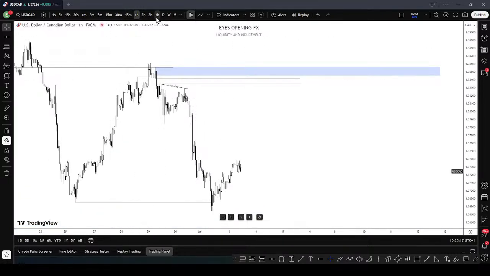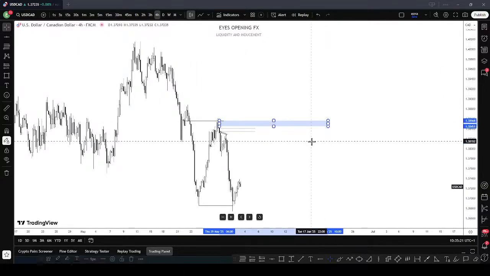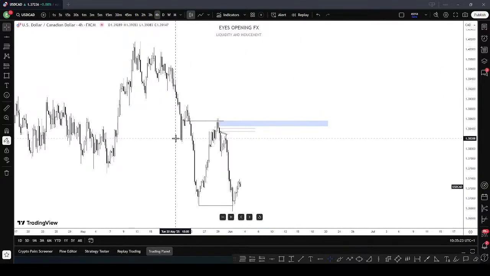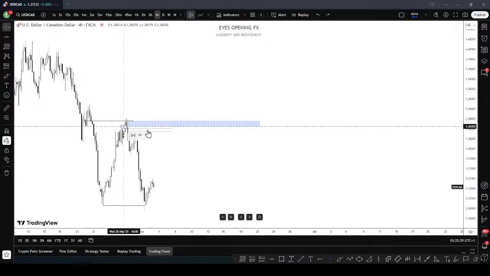Now this is another pair I have checked before. So I have my POI or refined POI right here. If market will not sell from here, around where price is currently after taking out this short-term high, I'm waiting for price to sell from here. So I have just one POI around this level.